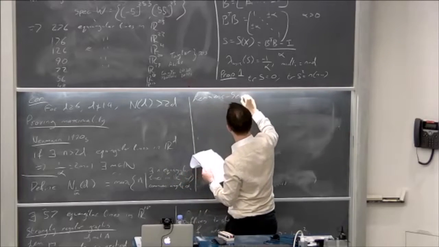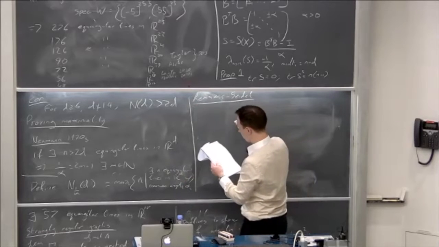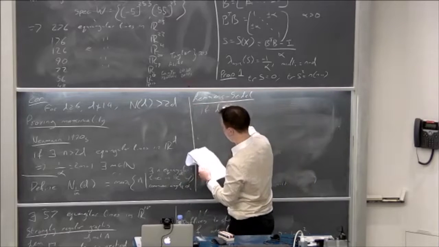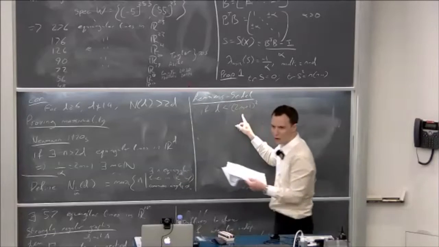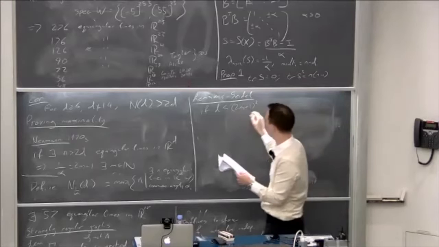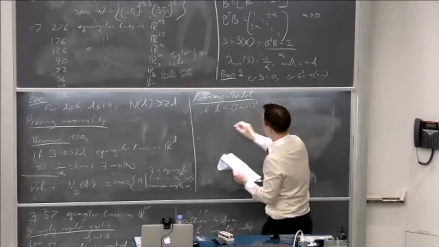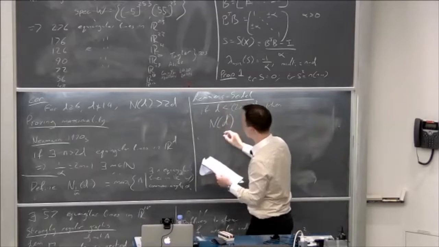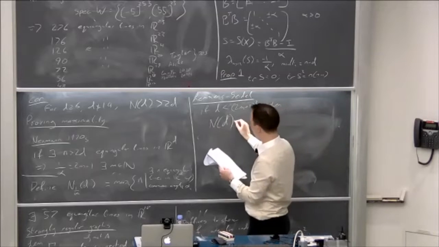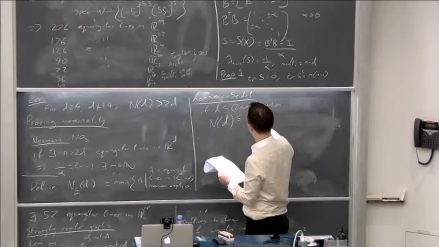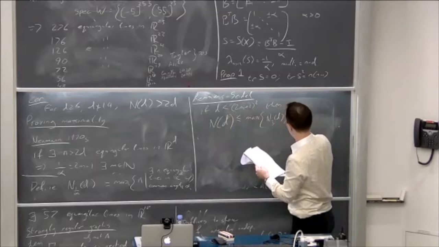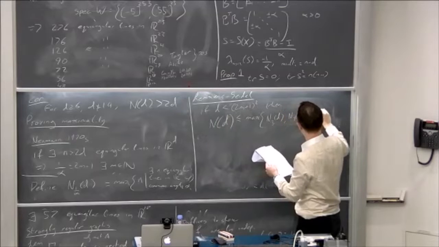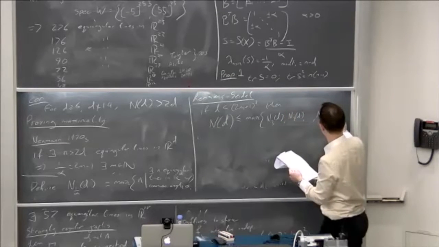Again, there was a lot of stuff in the 70s for this overview. Lemmens and Seidel showed that the dimension is strictly less than (2m+1) squared, some odd number squared. Then the number we're really interested in, N(d), can be bounded above by the maximum of N_3(d), N_5(d), and so on, all the odd numbers up to 2m+1.